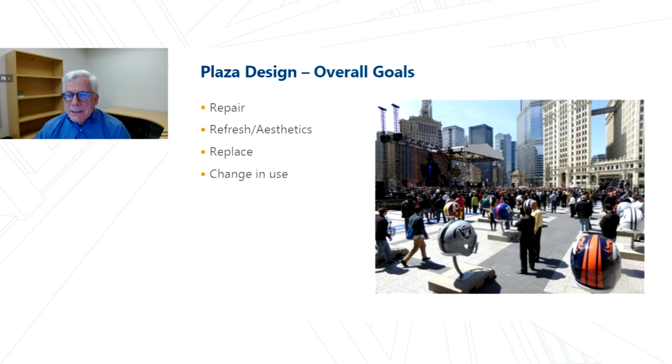You may want to replace it. You may want to change the use. In many cases, you're using a combination of these items. And oftentimes, if you're doing a more aggressive replacement, let's say, of the deck, you would certainly want to repair the structure and refresh the waterproofing.